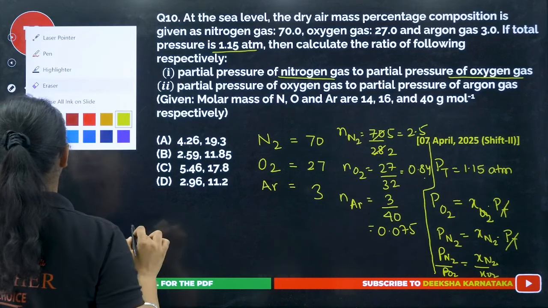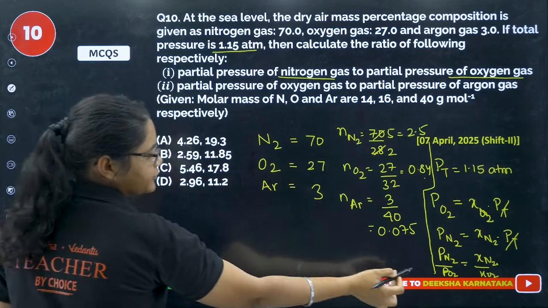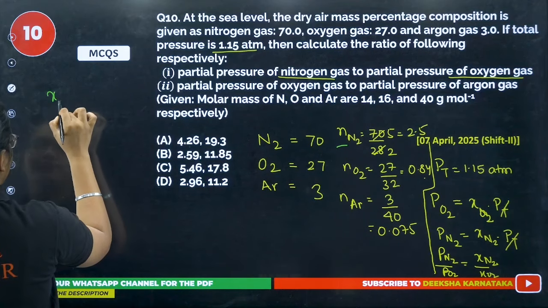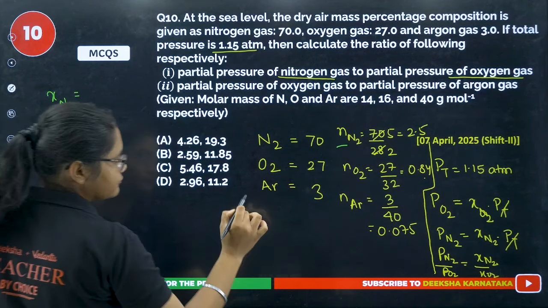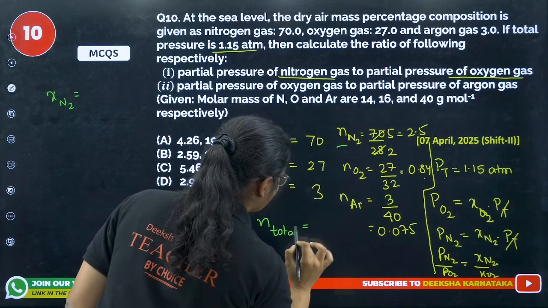So now we have the number of moles. I can calculate first the partial pressure of N2, or first let's calculate the mole fraction of N2. For that, first of all, I need N total, right? What is N total?